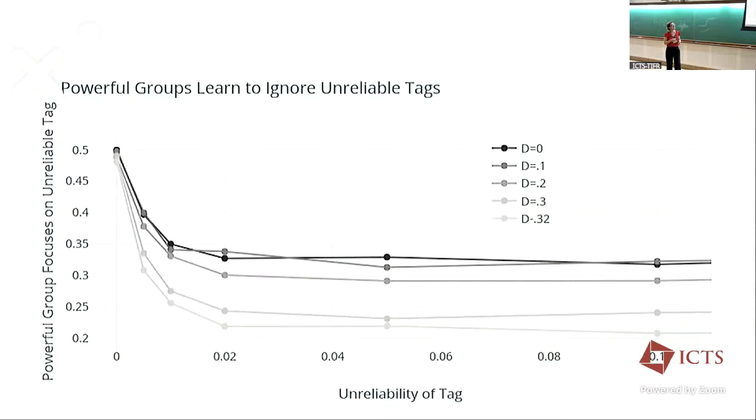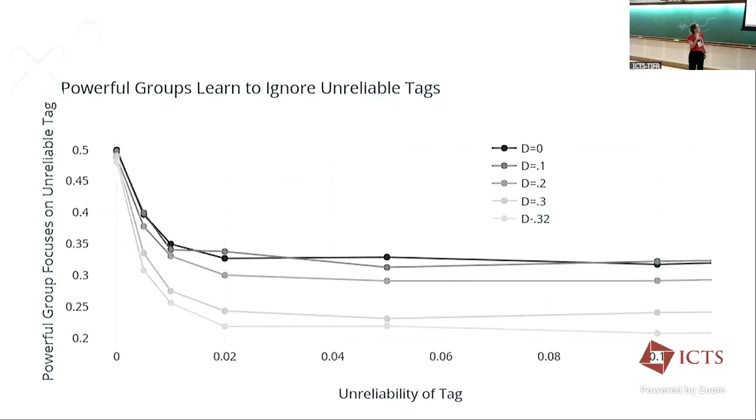So we find powerful groups learning to ignore the unreliable tag more often. Here we're making that tag less and less reliable. So here you see them as outgroup 100% of the time, here only 90% of the time. Notice we just do little changes here, just a couple percentage points in how often you see them as in-group.